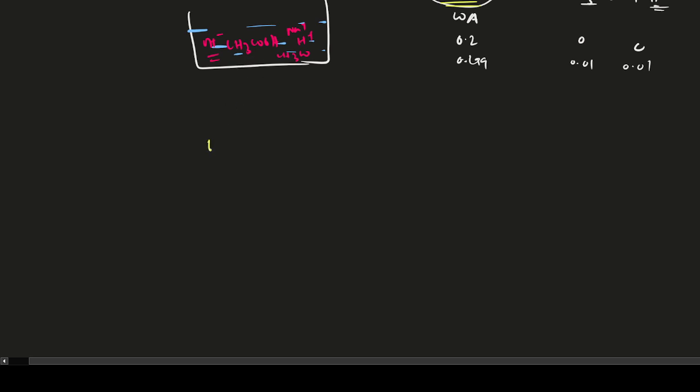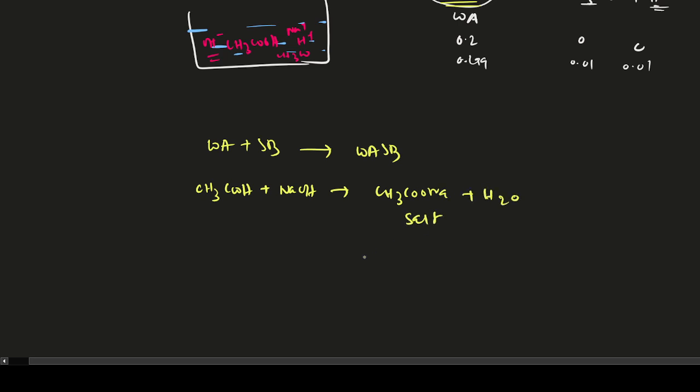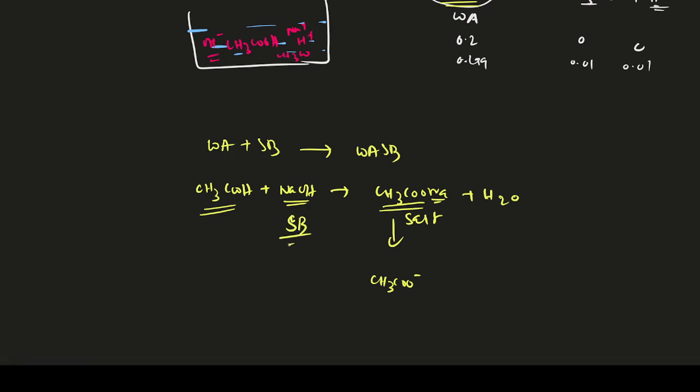Right? Whenever you say weak acid plus strong base, that gives a weak acid strong base salt. So you take CH3COOH plus NaOH, and that gives CH3COONa plus water. This is the salt. From here the weak component is this acidic portion, CH3COO minus, and this Na has come from the strong base. So this weak component of the salt will react with water.